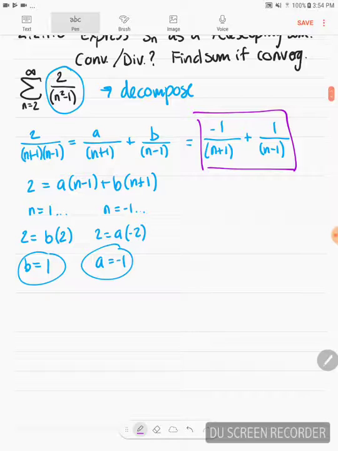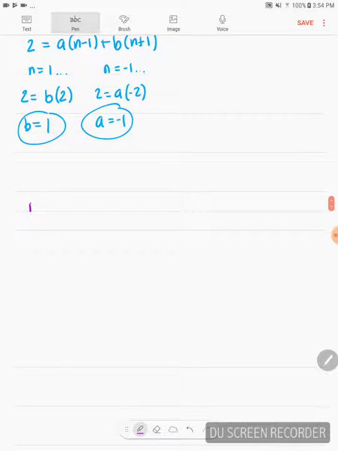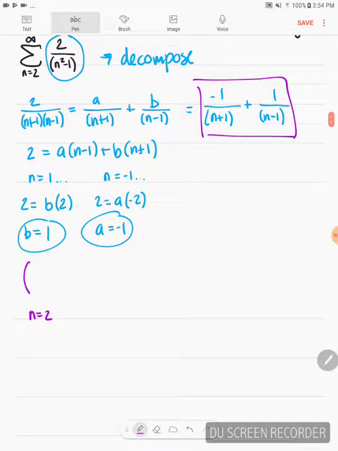So I'm going to start at small n equals 2, and I'm going to take the partial sum of n equals 2, and I'm going to go all the way to 6. So for n equals 2, I'm literally plugging in 2 into small n. So I'm going to get negative 1 over 2 plus 1 plus 1 over 2 minus 1.